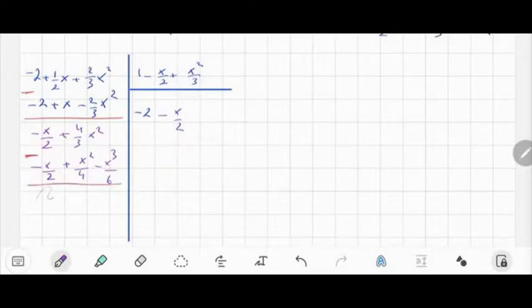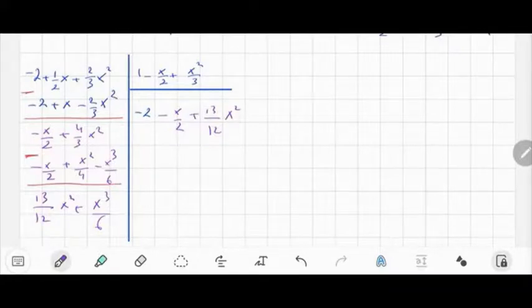Which will give us 13 over 12 x squared plus x cubed over 6, so plus 13 over 12 x squared, and the terms that we will obtain later will be x cubed and more, so we don't need them.